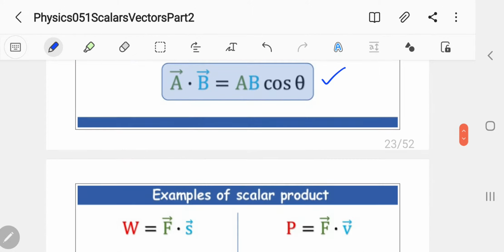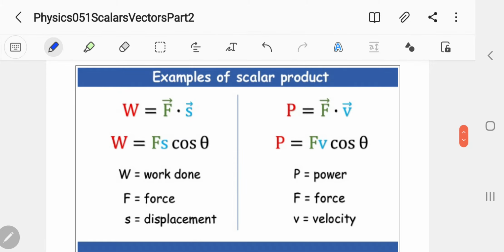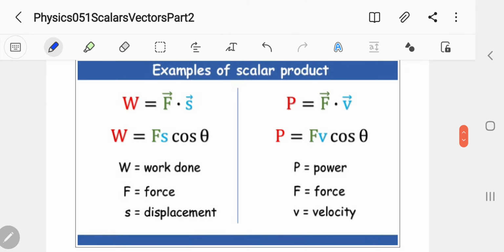By the way, examples of a scalar product are work and power. A vector F, or force, is dotted to a displacement S. We will know what a displacement is in the following lectures. So work would be F dot S.